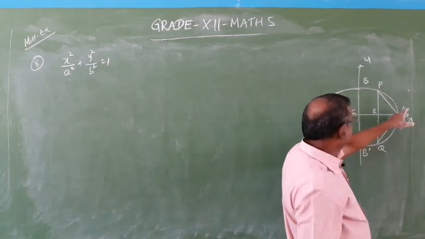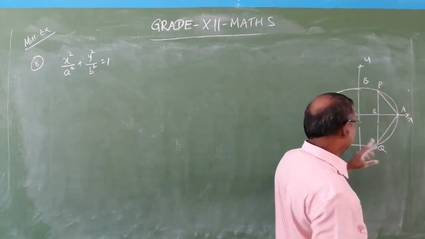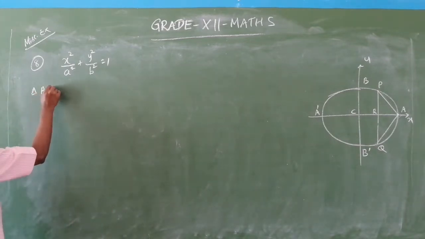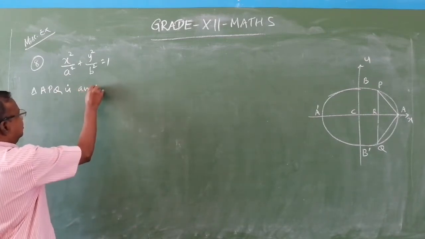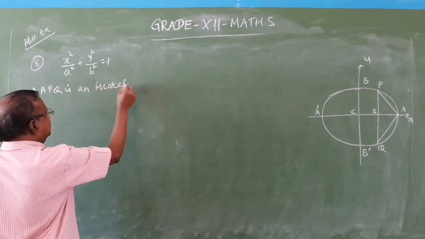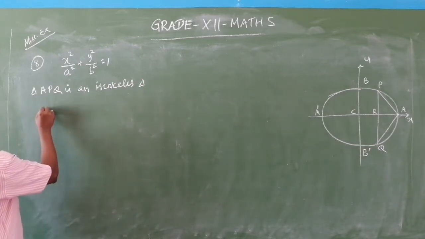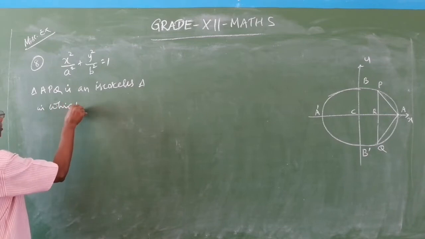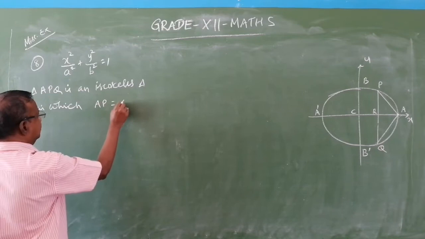Therefore the triangle APQ is an isosceles triangle in which AP equal to AQ.